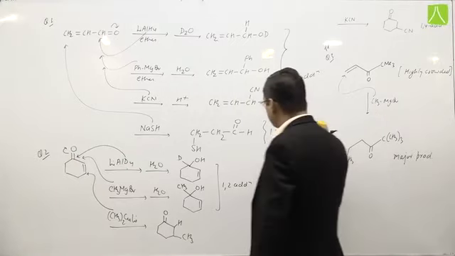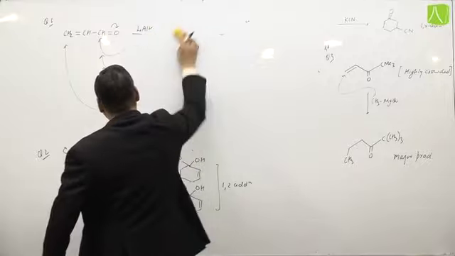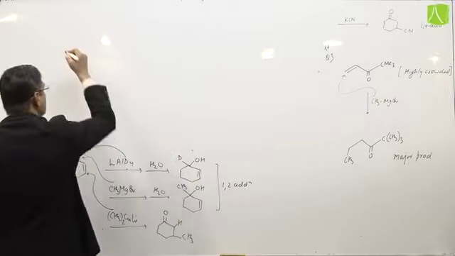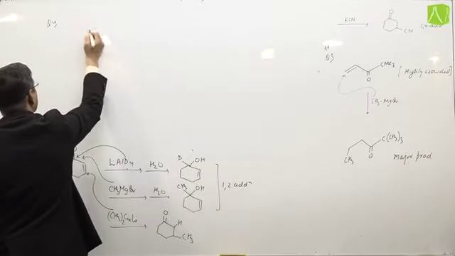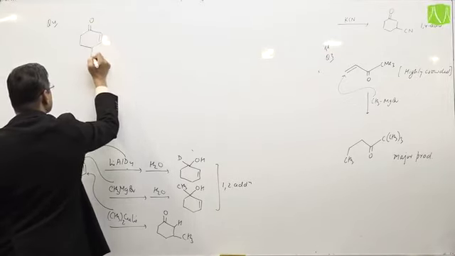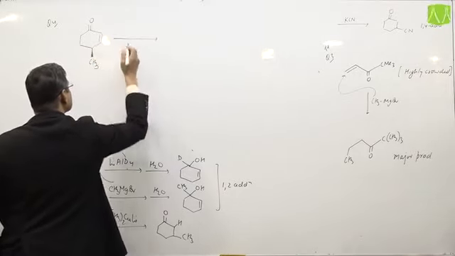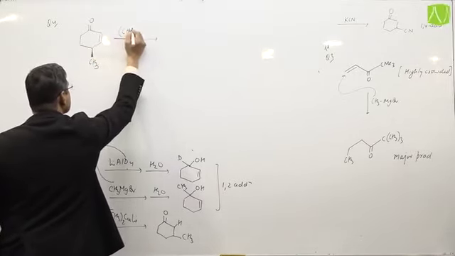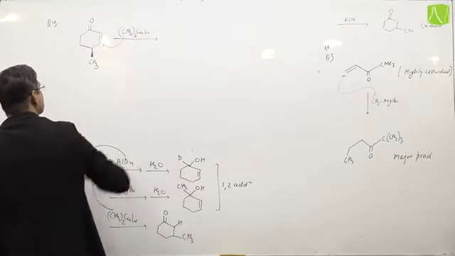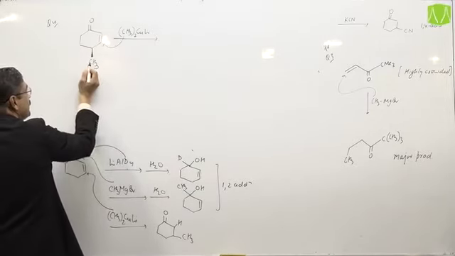Now another example is like this. (CH3)2CuLi. Then it is again 1,4 addition, but there is one methyl group above the plane.